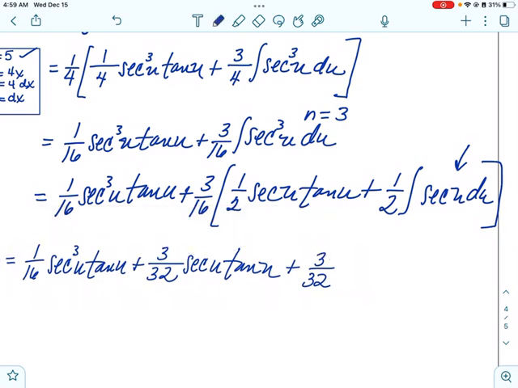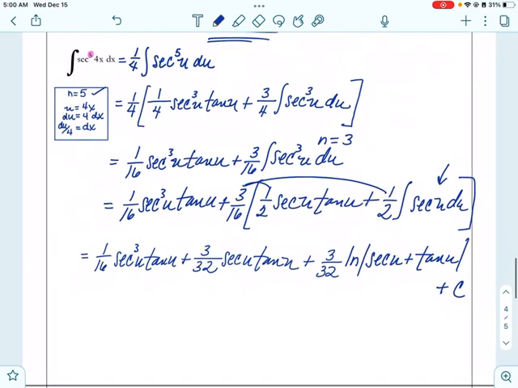So remember we're distributing this 3 here, so the 3/16. So we've got 3 over 32 again, and then it's times ln of the absolute value of secant u plus tan u.